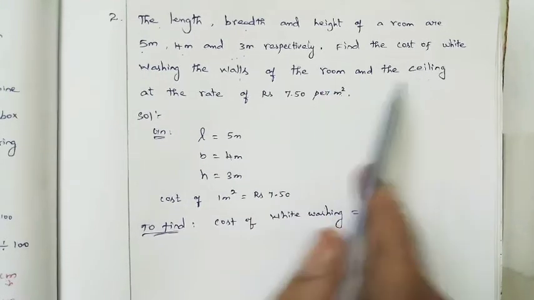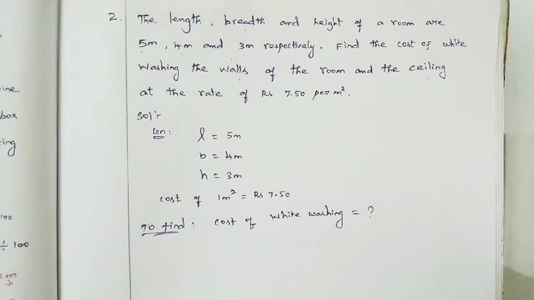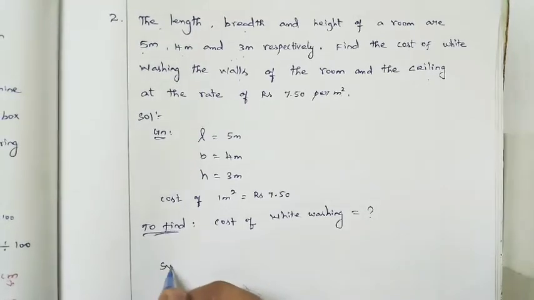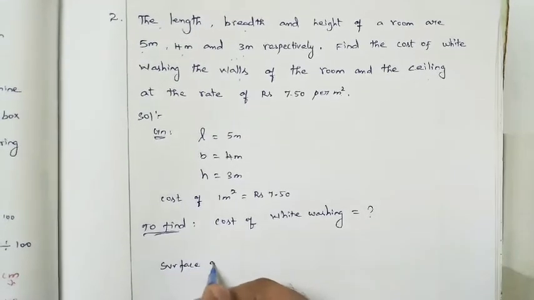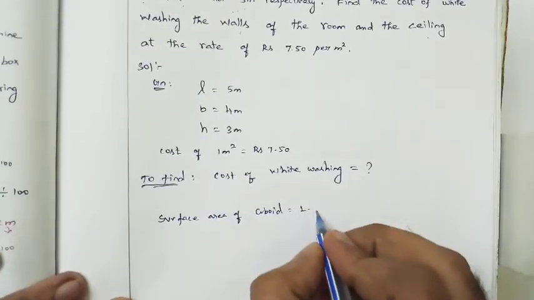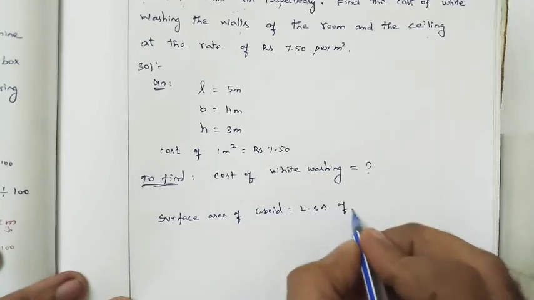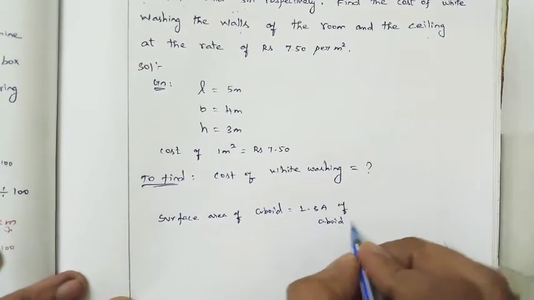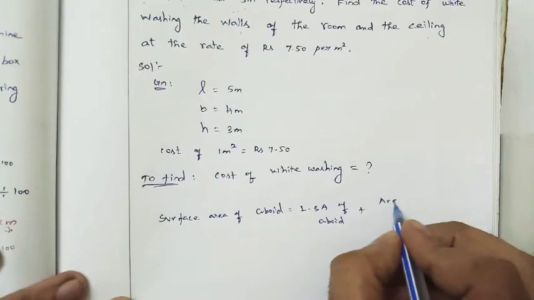They did not whitewash the floor. Only the 4 walls and top of the room, that is the ceiling, are whitewashed. So the surface area is LSA, lateral surface area of cuboid, plus area of top.